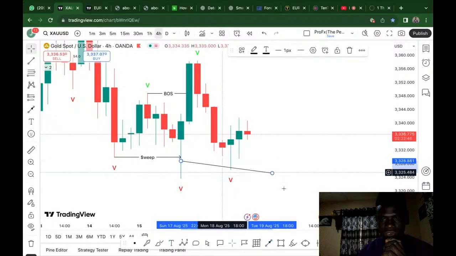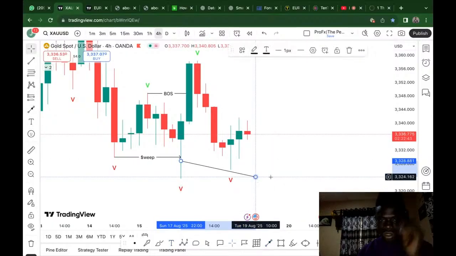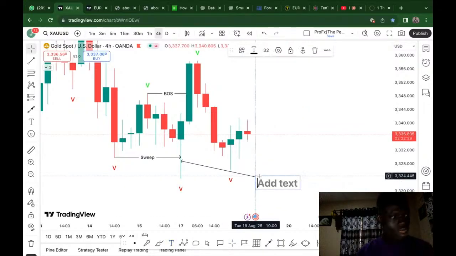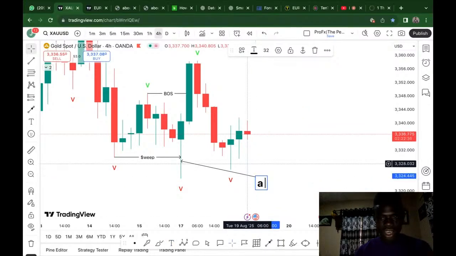A week on a higher time frame is what? An order block on a lower time frame.